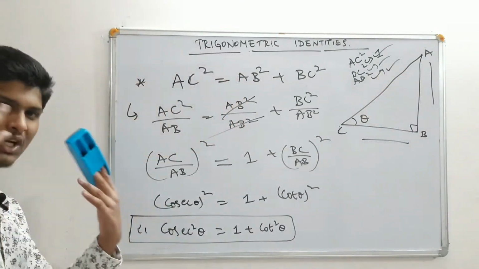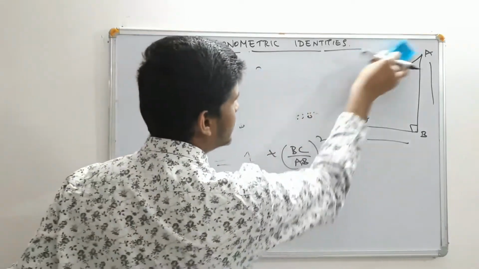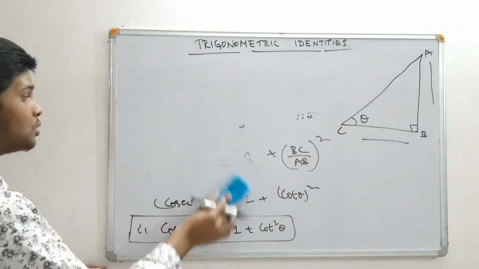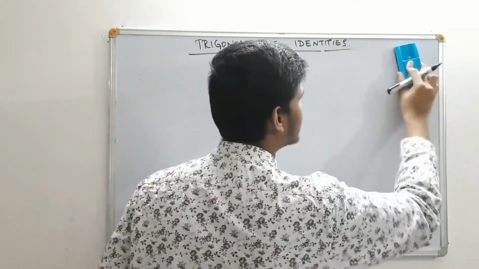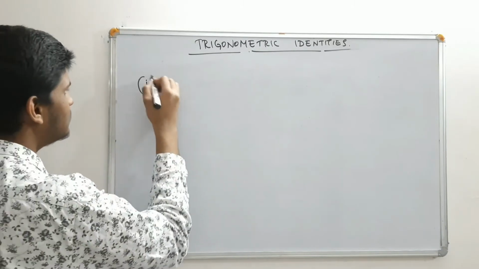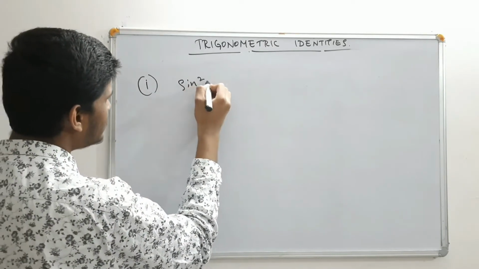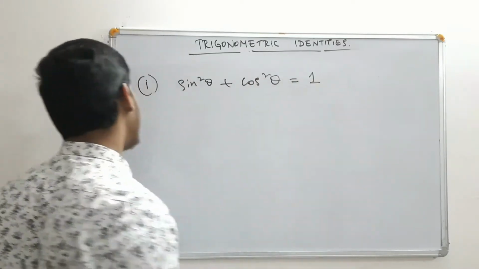And for class 10, you have only these 3 identities. Let's write down those identities. What is the first one we found? Sin square theta plus cos square theta is equal to 1, right?